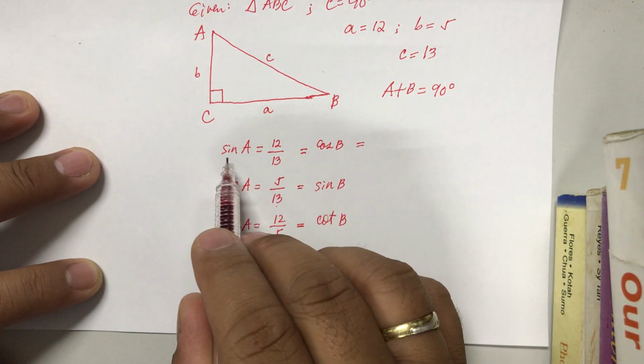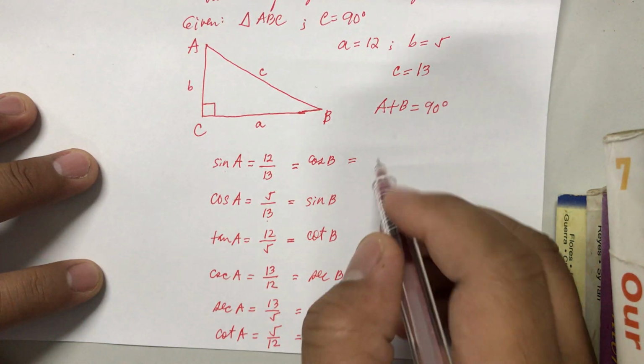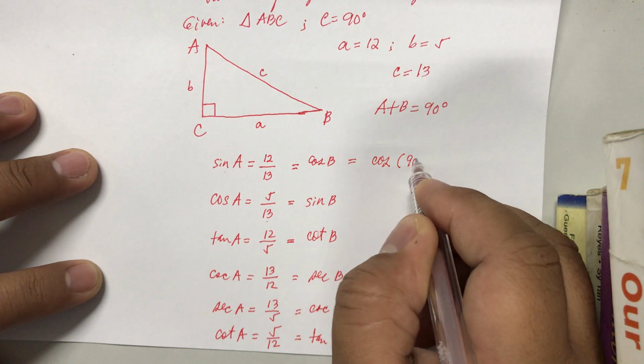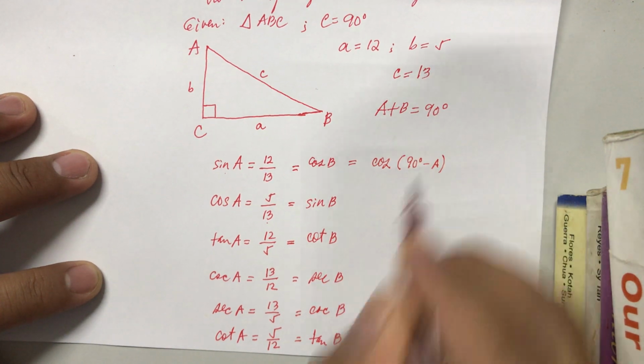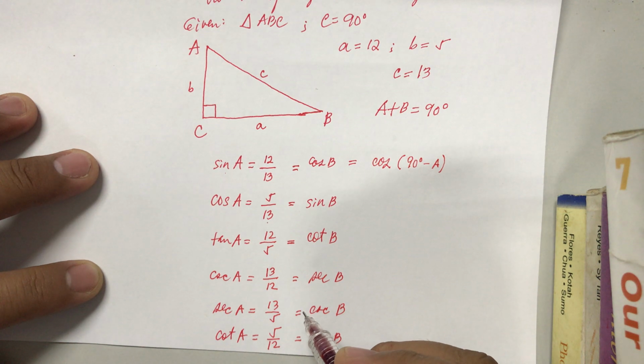Therefore, sine of angle A, which is equal to cosine of angle B, would be cosine of 90 degrees minus A, because B is equal to 90 minus A. If A plus B is equal to 90, therefore B is equal to 90 minus A.